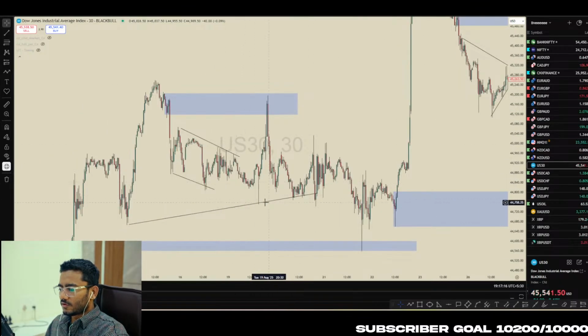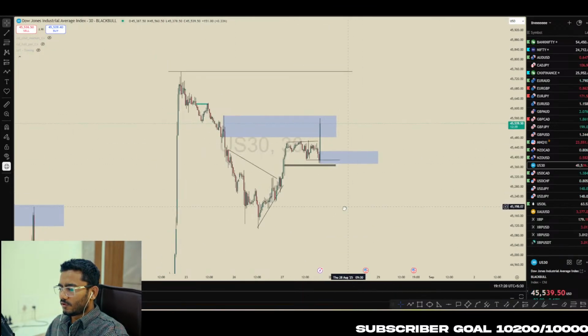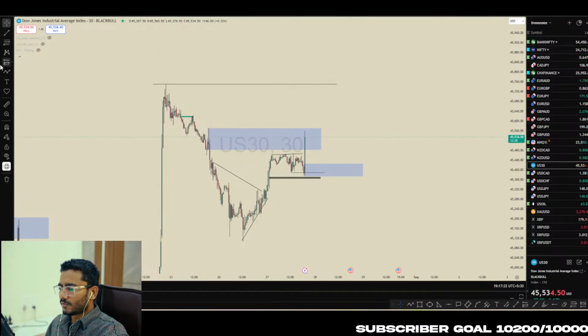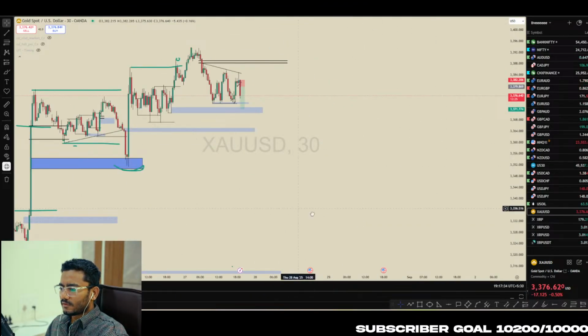So this is a strong low which took the liquidity, and price came again for the re-entry. Same thing we want to do. If not, if price continues to the upside, then probably we have the strong low and it should break the left side strong high and it should continue to the upside, something like this. So we are not sticking with any bias.